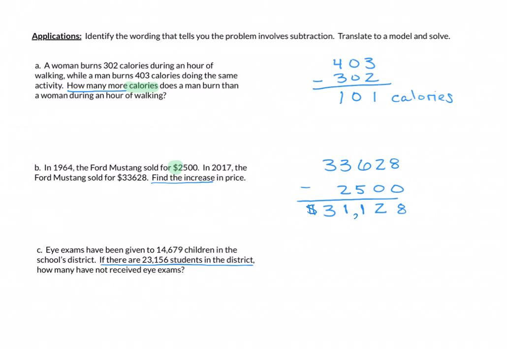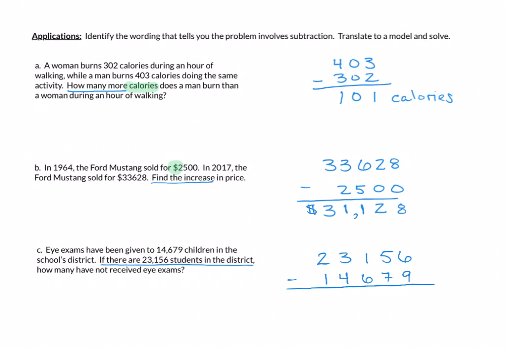So again, I want to start by putting my larger number on top. This is going to be 23,156. And I want to subtract my 14,679. So starting on the right, we're going to go ahead and subtract.